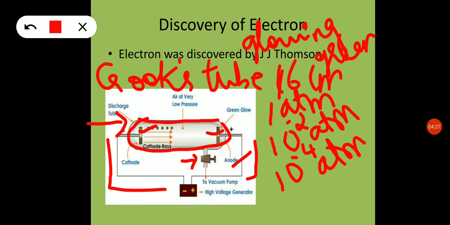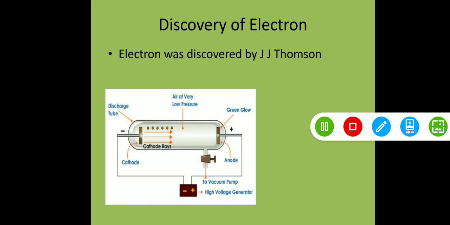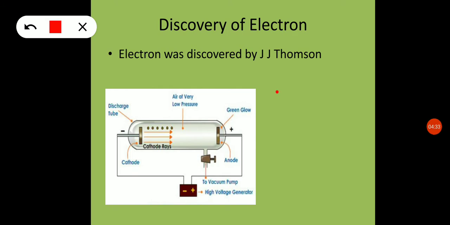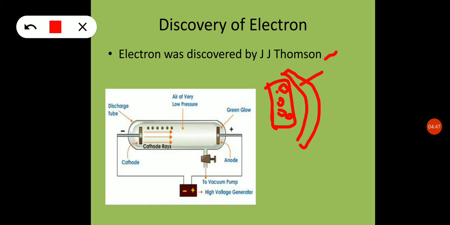Perforated means holes will be present. Behind this anode, the fluorescent screen was placed, which is made up of zinc sulfide, a ZnS screen.